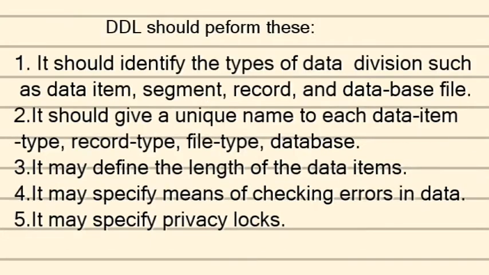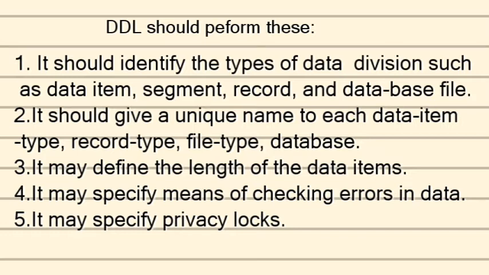Now, what are the things that a DDL should perform? First of all, it should identify the types of data divisions such as data item, segment, record, and database file. Meaning what is the type of each division? It should give a unique name to each data item, record type, file type, database. Meaning everything should have a unique name, so it is easy for you to access that thing. It may define the length of the data items. It may also identify the data types.